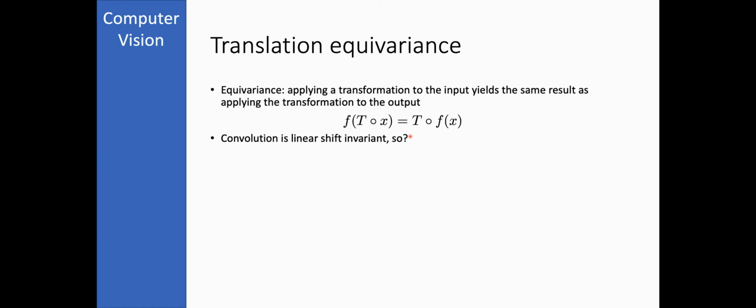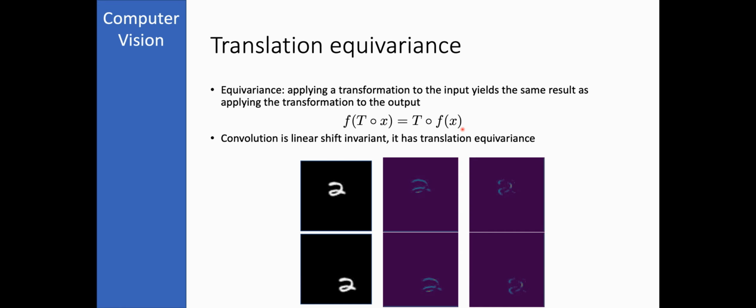So if I have input x, and I transform it with a transformation t, and then apply the network, that should be the same as applying the network to the image and then applying the transformation to the output. And convolution is linear shift invariant, so it has translation equivariance.